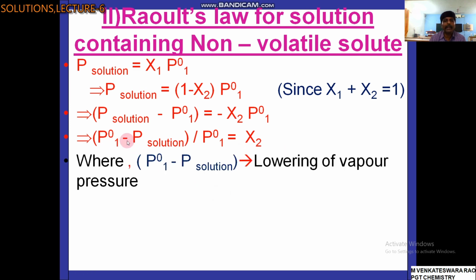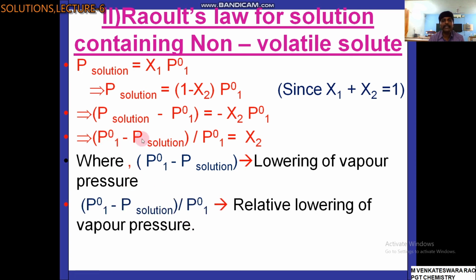What is P1 naught minus P? As I already explained, P1 naught minus P is lowering of vapor pressure. P1 naught minus P by P1 naught is relative lowering of vapor pressure. That means relative lowering of vapor pressure is equal to the mole fraction of solute.